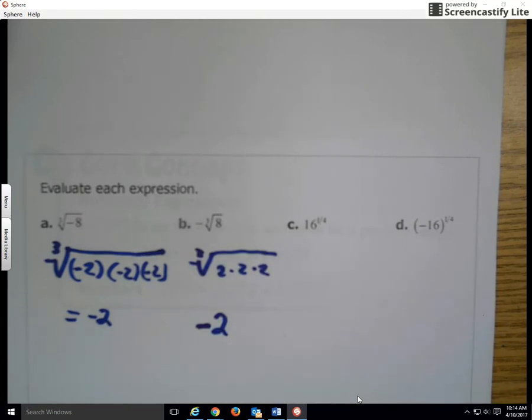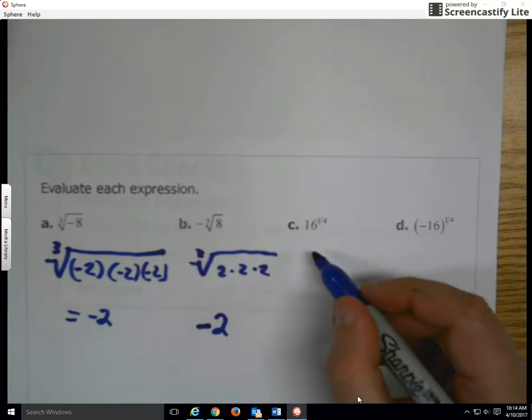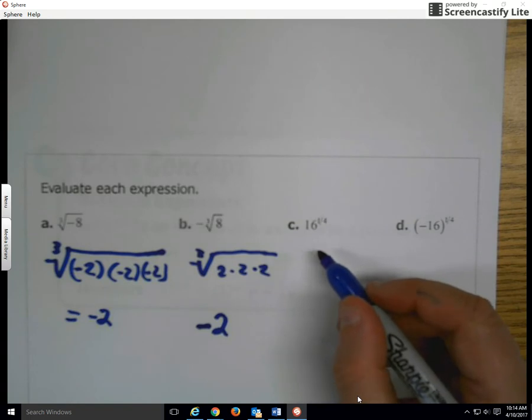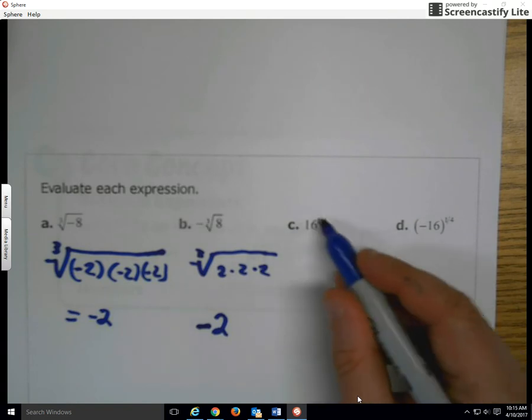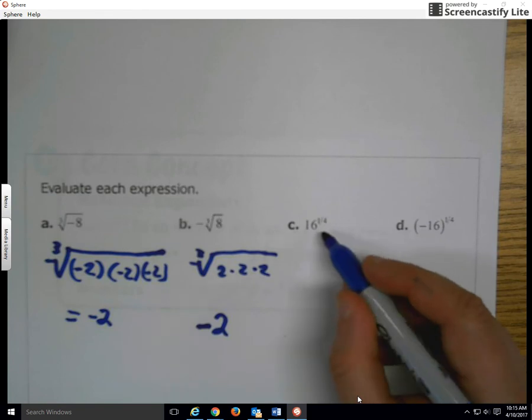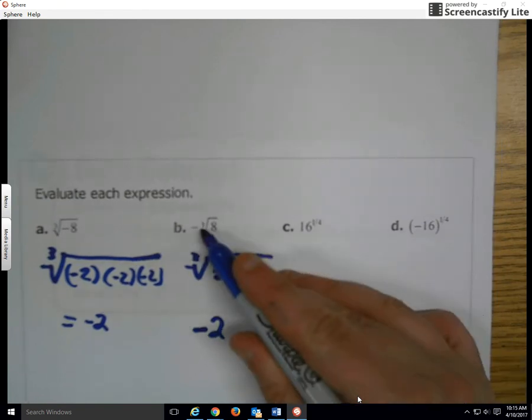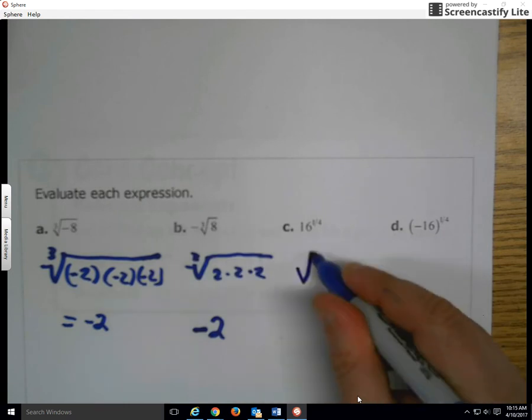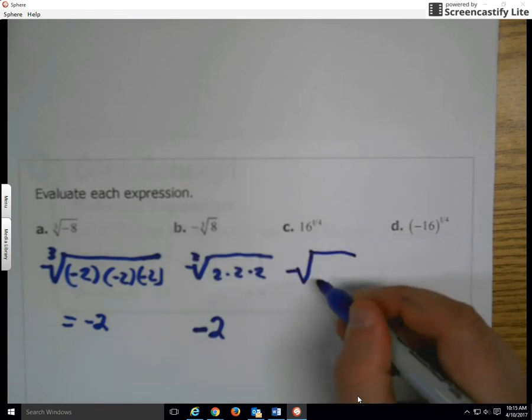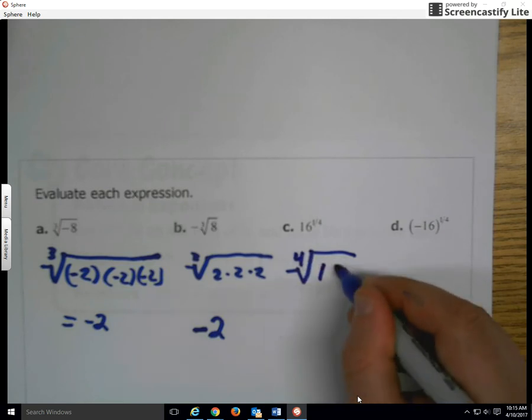Okay, let's look at this one here. So 16 to the 1/4. Now it's written as a fraction, but we remember that whatever the denominator is here, that's what goes on the index, right? So basically, that is the same thing as writing the 4th root of 16.